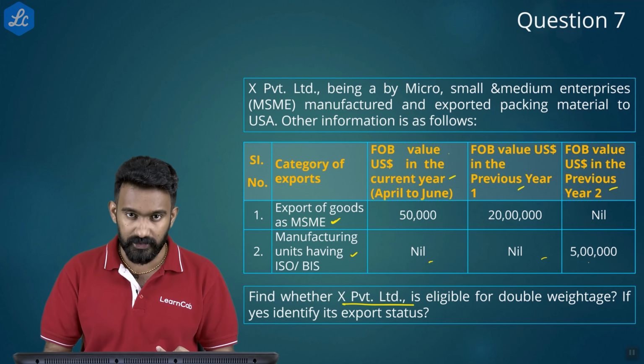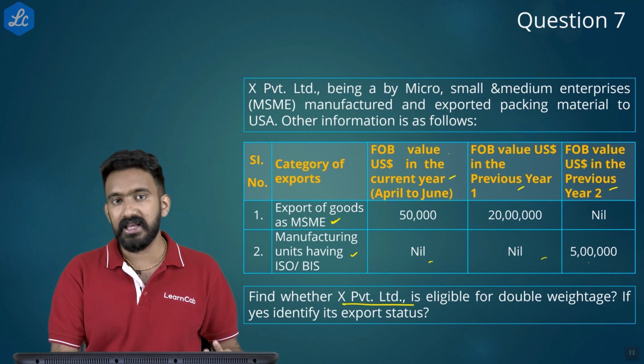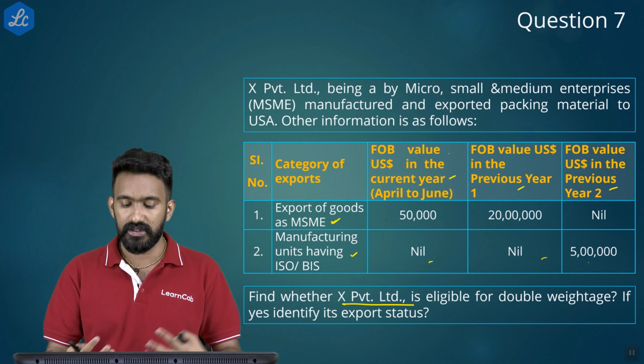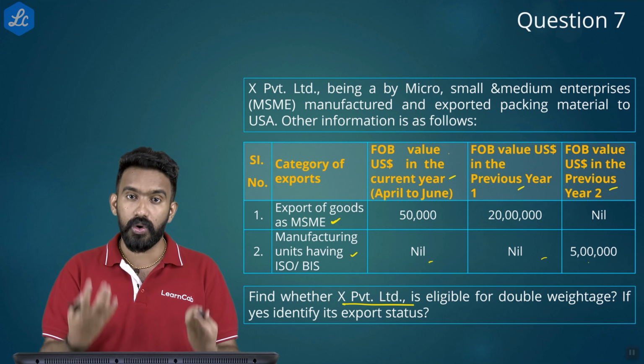You should write this first so that the provision is available there. Then you go ahead and do the calculation. I am going to do only the calculation here, so I am going to start with the computation.